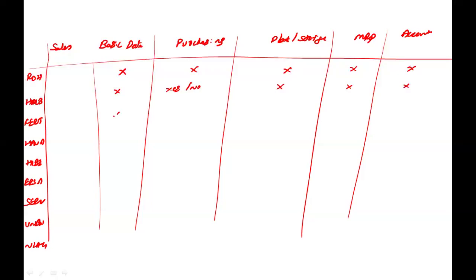Finished material for sure I'll have basic data. I'm going to have the sales view because I'm going to sell the material. Okay. And I'll not plan the material. Sometimes I might purchase, or normally I don't prefer to buy. If business does not prefer to buy the finished material and they are only into manufacturing the finished material, then we can avoid this.